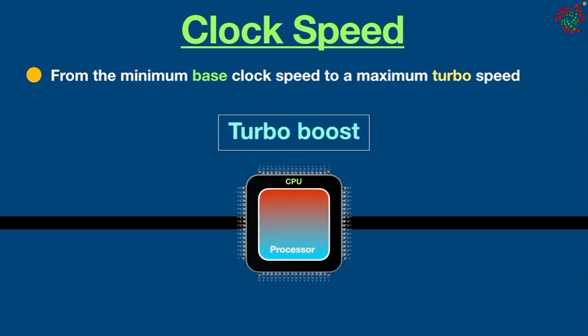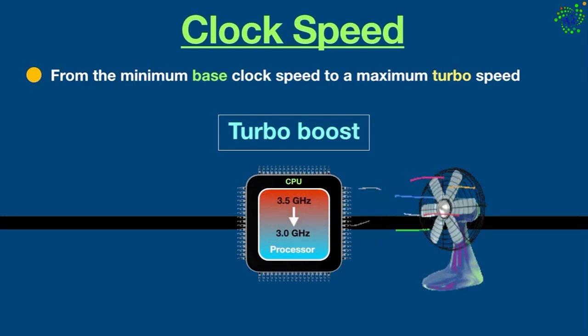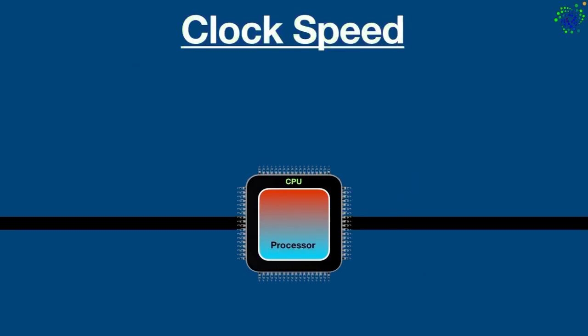However, higher clock speeds generate more heat, just like overclocking does. So in order to keep the processor from dangerously overheating, it will throttle down to a lower frequency when it gets too warm. So if you have a better cooling system for your CPU, it will lead to higher sustainable speeds.